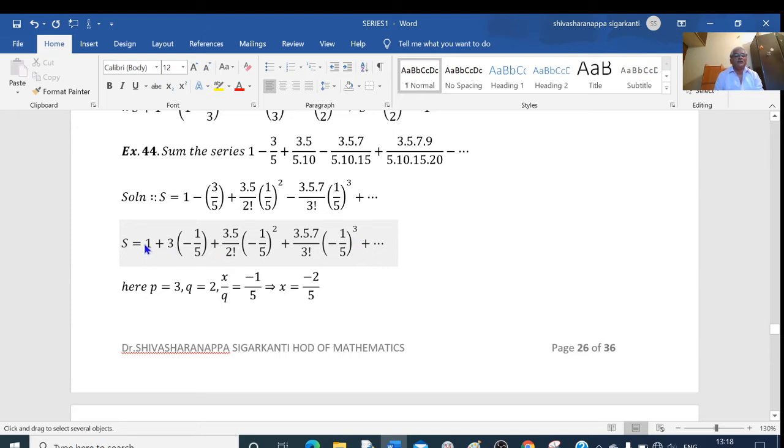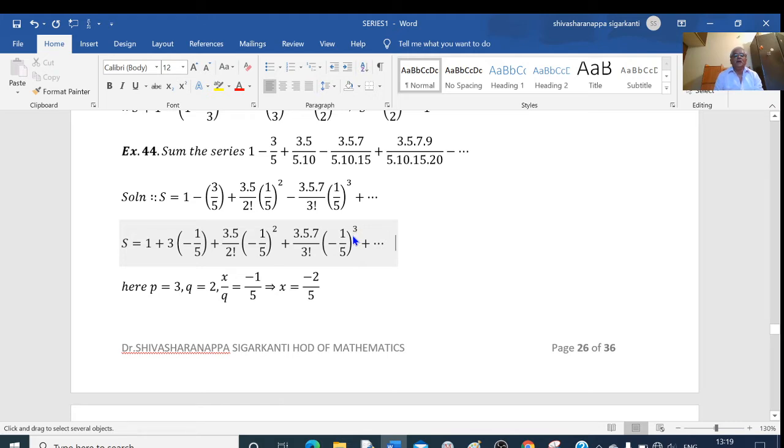Now this is as 1 plus p into x by q plus p into p plus q divided by 2 factorial into x by q to the power of 2 plus p into p plus q into p plus 2q divided by 3 factorial into x by q to the power of 3.